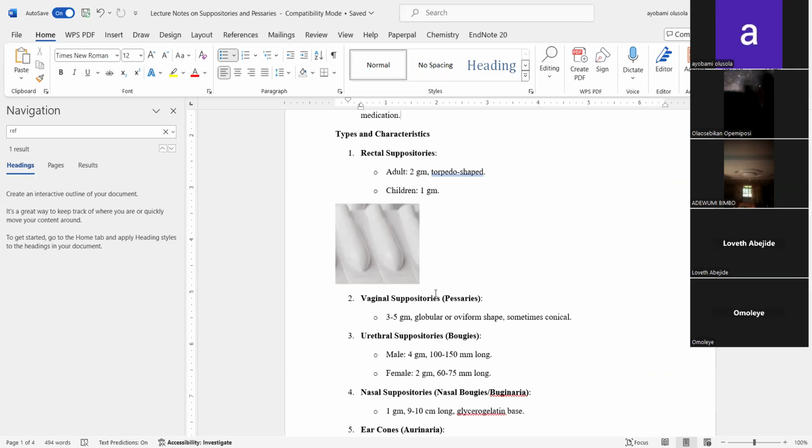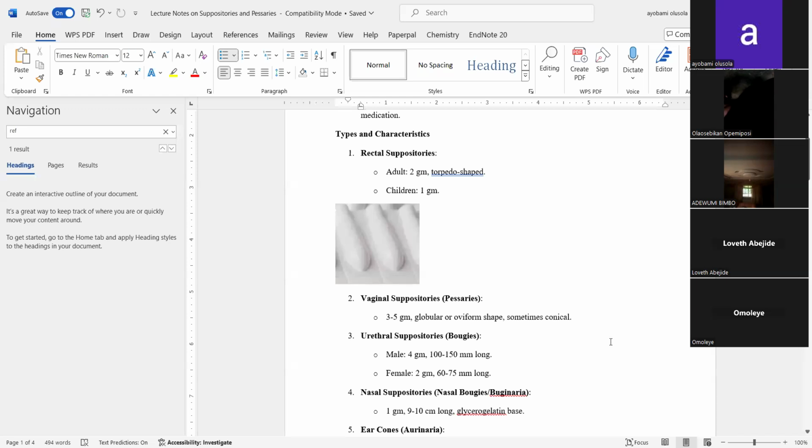Then vaginal suppositories are called pessaries. They are oviform in shape, like ovoid in shape. Then we have urethral suppositories called bougies. You need to know the other name because I think they've asked one. So urethral suppositories are bougies. Then we have nasal suppositories, which you can also call nasal bougies.